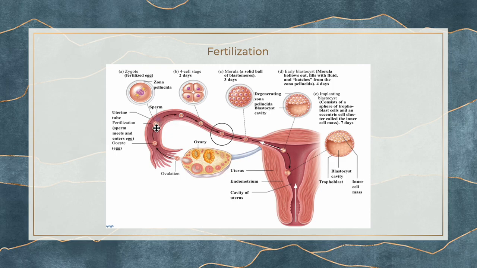It's less likely to happen like here, just because the sperm would have to live for a very long period of time in order to reach the egg at this point here. I actually have it shown right here. But during fertilization is when the sperm meets with the egg or the ovum that comes from the ovary down to the fallopian tube, and that is considered fertilization.